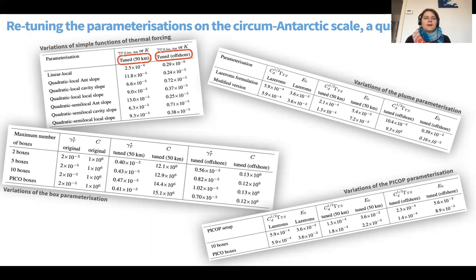Then, as I said, the input is a temperature and salinity profile averaged over a given region in front of the ice shelf. And we made two experiments to assess these two different types of input. So one, which we call 50 kilometers, is that the temperature and salinity profiles are averaged over a domain of 50 kilometers in front of the ice shelf and over the continental shelf.